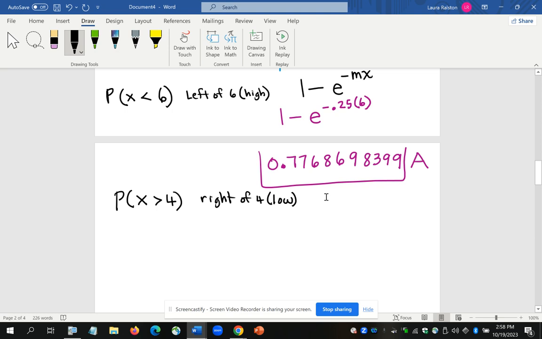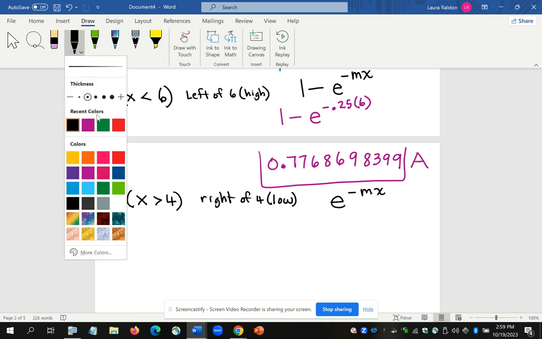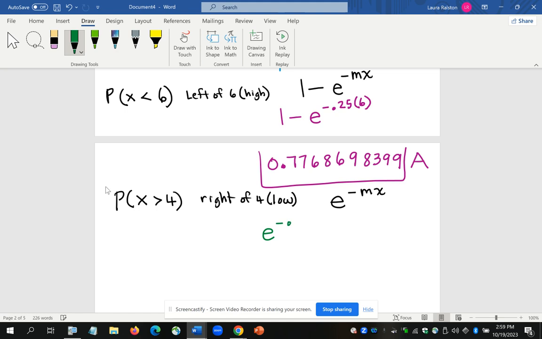So the formula for right is e to the negative mx. So I would have, let's see, e to the negative 0.25 times 4. And I'm going to do that calculation.